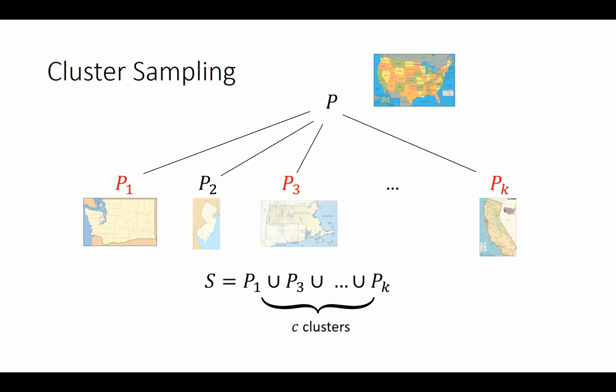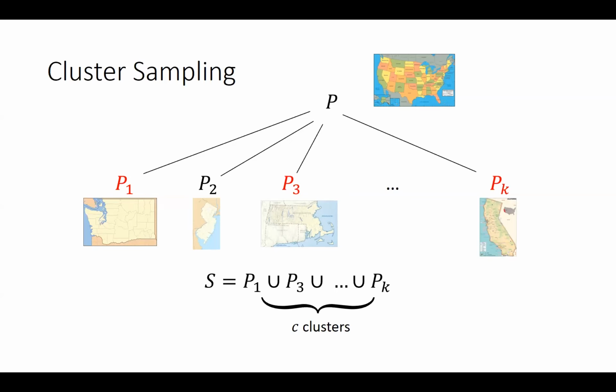Okay, so in cluster sampling, you have your population P, which is partitioned into some number K of clusters. Say I want to do some survey about all Americans, and I cluster them into states. In cluster sampling, I sample a random sample of C clusters for some number C, and sample everybody who lives in those states.